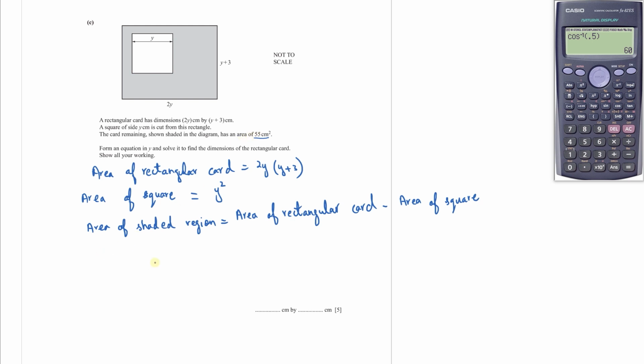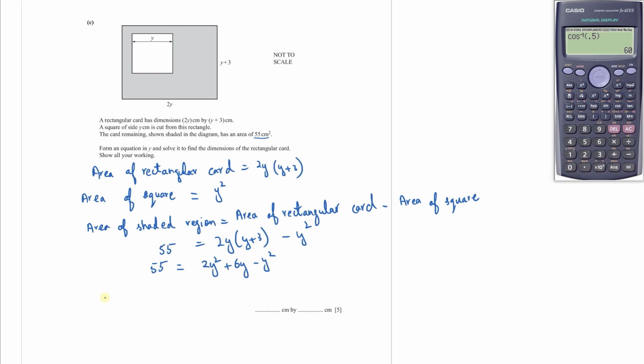So area of shaded region is given, 55. Rectangular card area is this, 2y into y plus 3, minus the area of square is y square. So this is the equation in y, and let's solve this to find the value of y, and then we can easily find the dimensions. So this will be 55 equals to 2y square plus 6y minus y square.